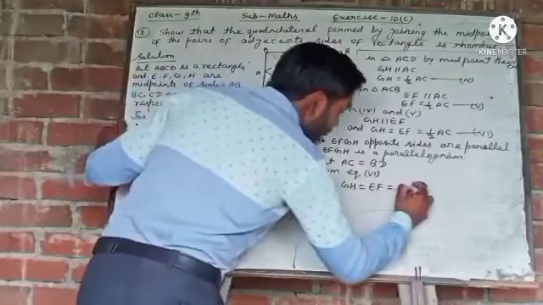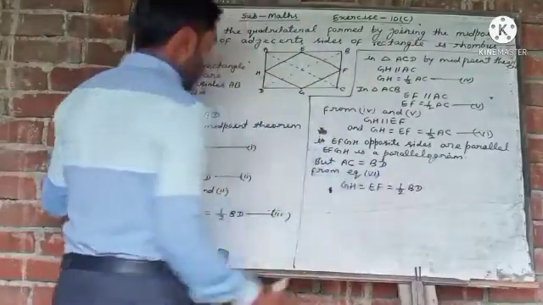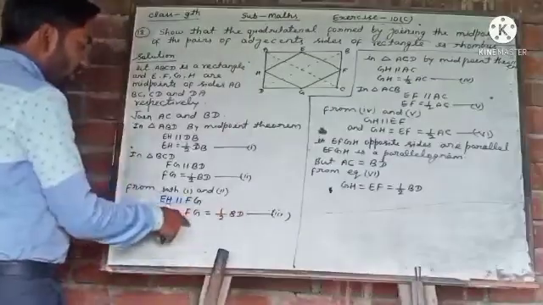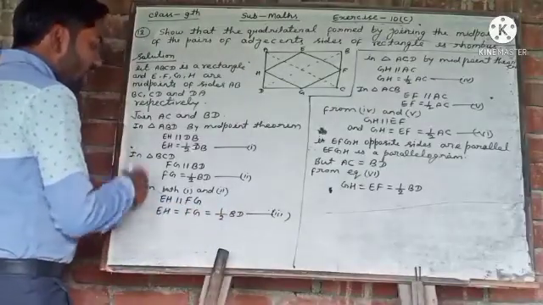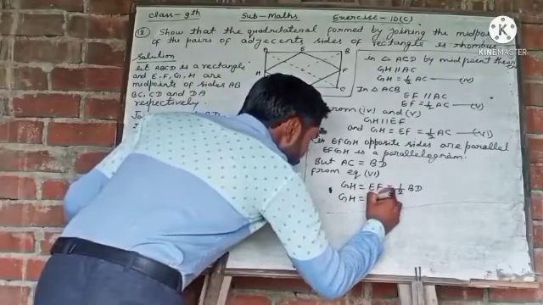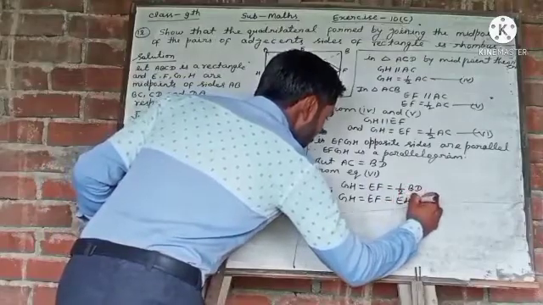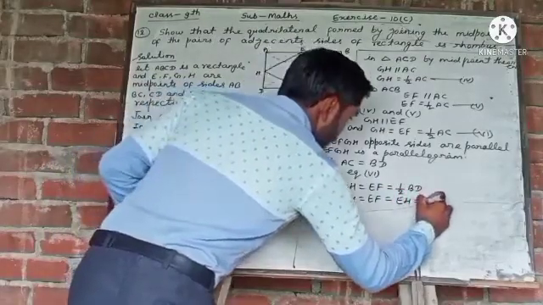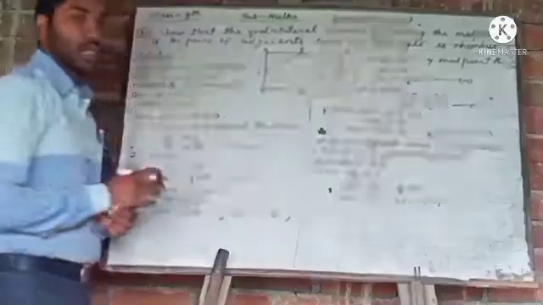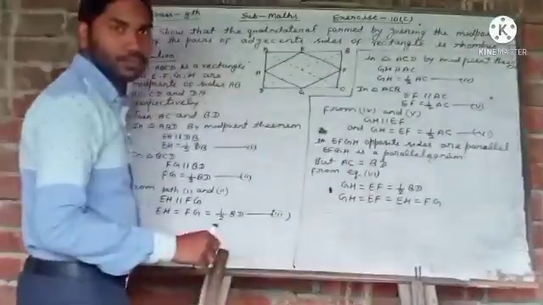So in place of 1/2 AC, we will put 1/2 BD. And you can see 1/2 BD is equal to EH and FG. So GH is equal to EF is equal to EH is equal to FG. So in EFGH, all sides are equal.